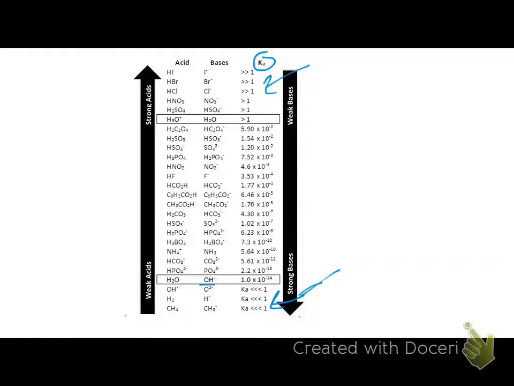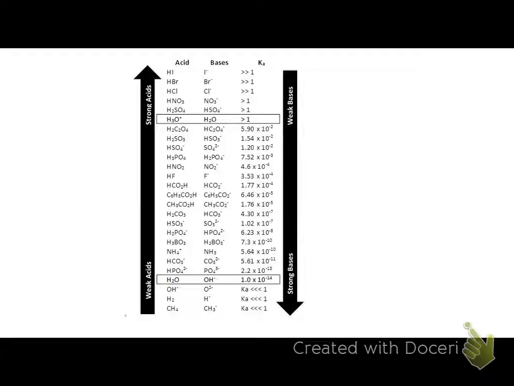So we can always think of acid strength by understanding its Ka value. Anything greater than 1 is a strong acid, and anything super tiny, less than 10 to the minus 14, is considered super weak. But anything less than 1 is considered a weak acid.